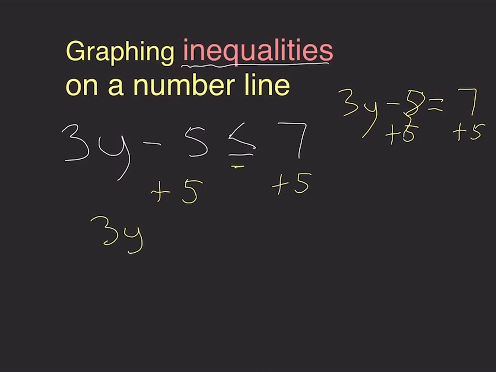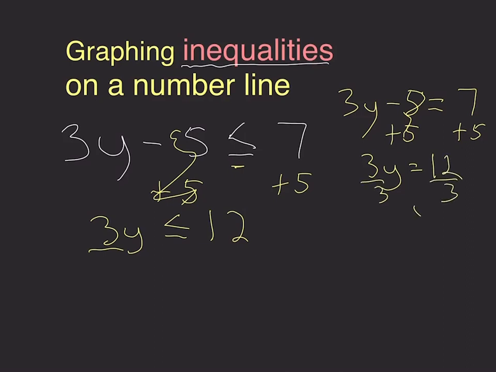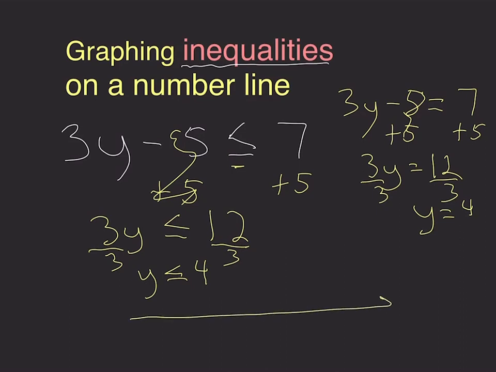I'm only going to be left on this side with 3y because these cancel, and then I have less than or equal to 12. Dividing both sides by 3, as I would here, if I had 3y equals 12, I would divide both sides by 3 and get y equals 4. Here I'm dividing both sides by 3 and we get y is less than or equal to 4.